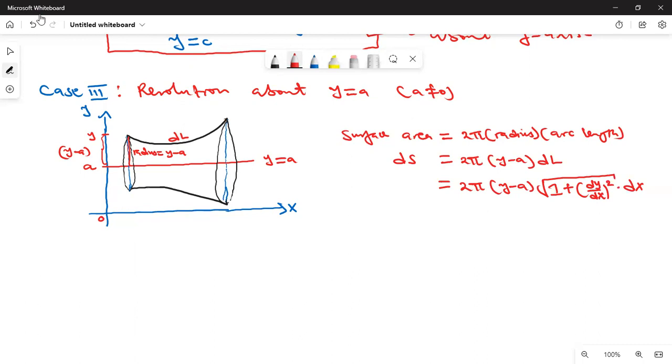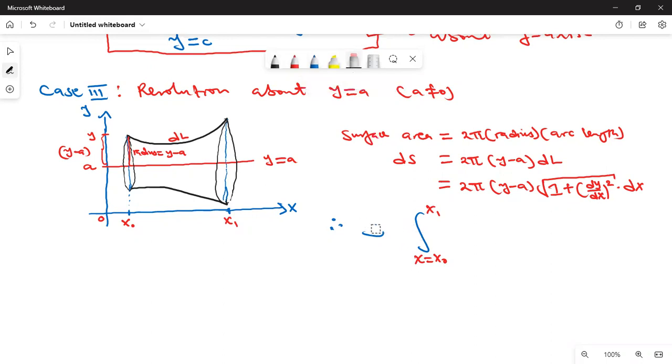So therefore, to get s, s is equals to the integral from, let's say, this point x naught to this other point x1, of 2 pi. 2 pi is a constant, so let me factor that out.